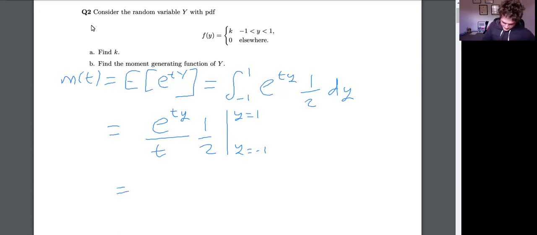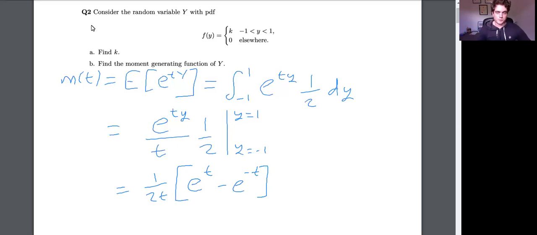So computing this, we get a 1 over 2t out the front. Then we'll have e to the t minus e to the -t. And that will be our moment generating function for y.